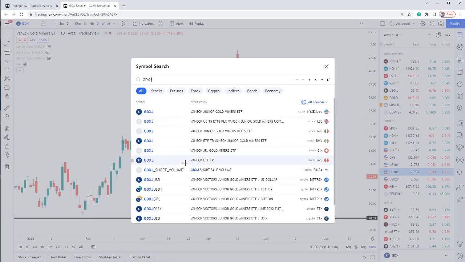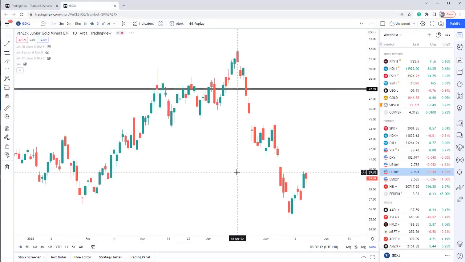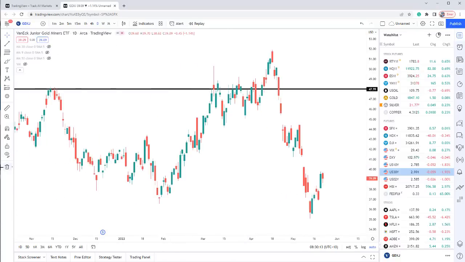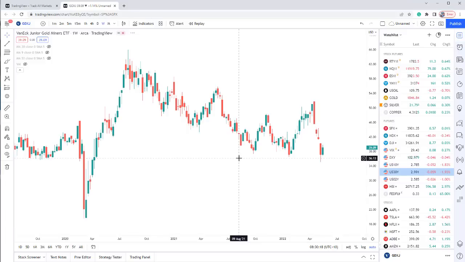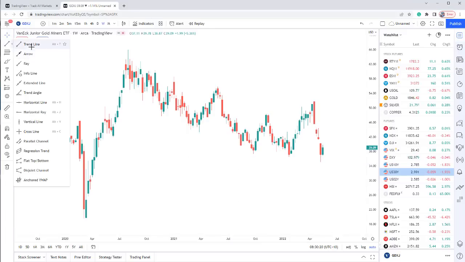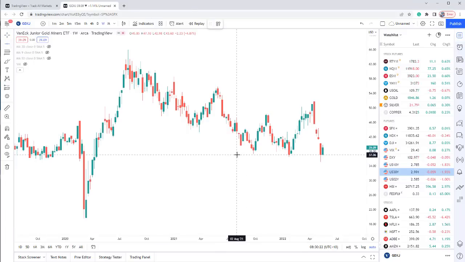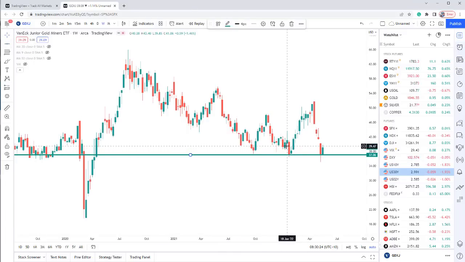Let's have a look at the GDXJ as well. Let's take everything off the screen here. Okay, so if we have a look at that there, we definitely did have a strong level of support going on through here, as you can see. So we're at that level of support, but again, no one is in control right now. Absolutely no one.